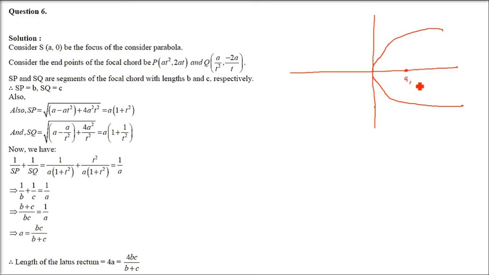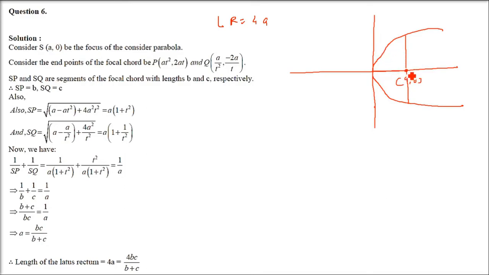The length of the latus rectum will be 4a, 4 into a. So if you are able to know a from here to here, that is the thing which you want.